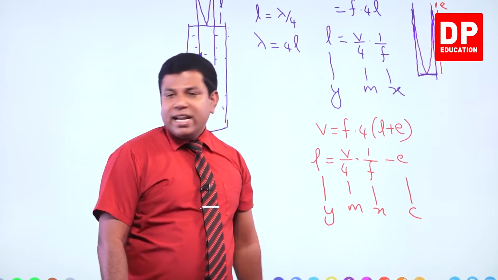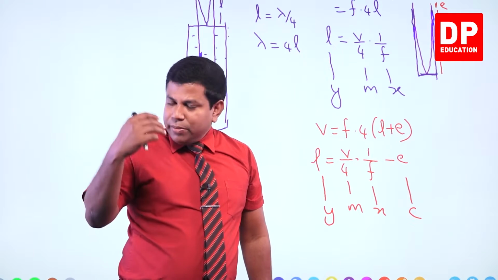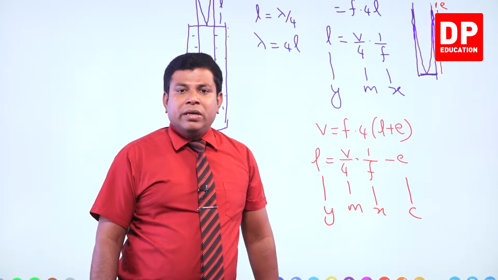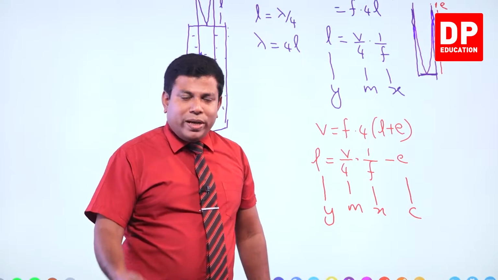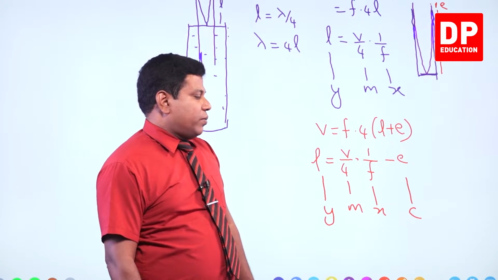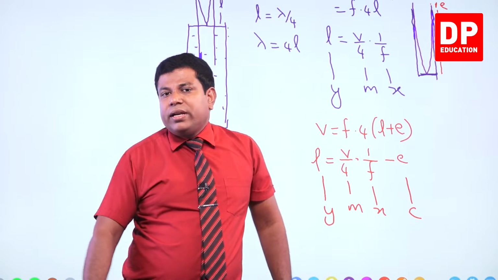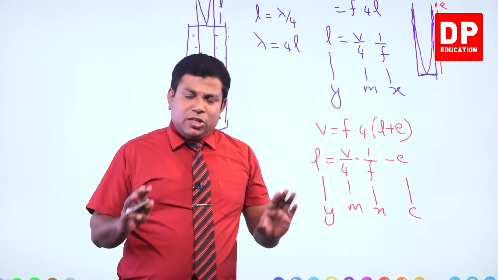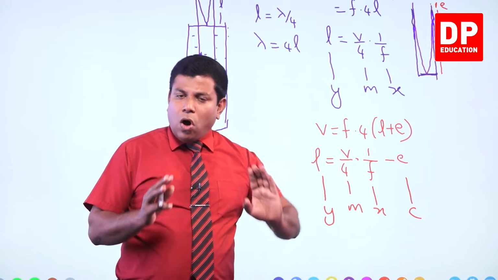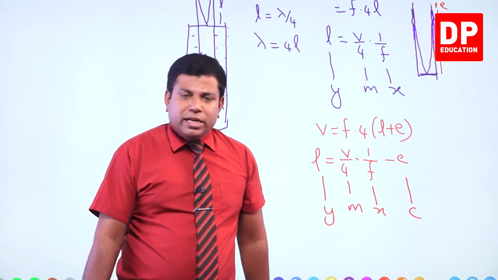Intercept will give you the end correction. End correction may not be there sometimes. Sometimes it will be there. So we don't know. We will take it as E and see how much end correction we get. From the gradient, we can find velocity. This is what the simple experiment is. All other procedures, everything is same as earlier.